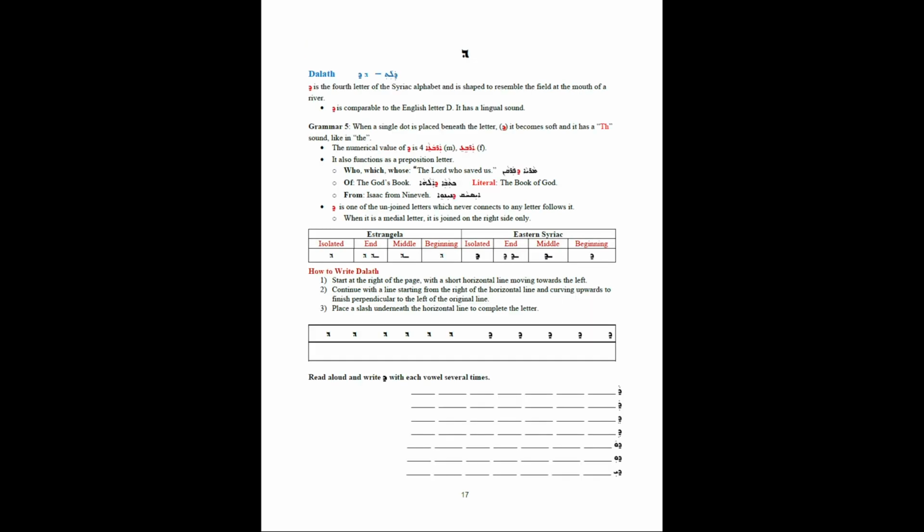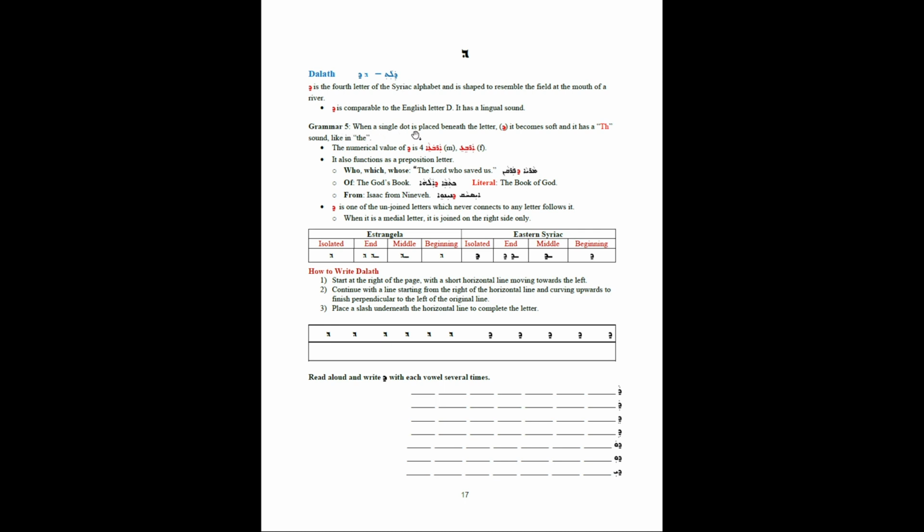Alright, let's move on to the fourth letter in the alphabet and the last letter of the first group of abjad, which is Dalath, D. I have a grammar here too, grammar 5.